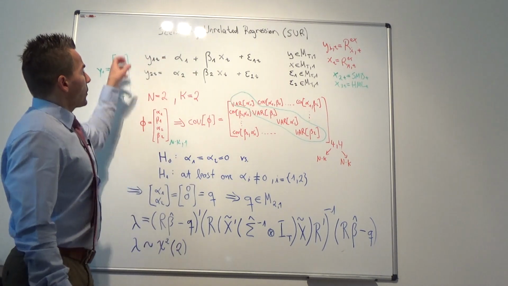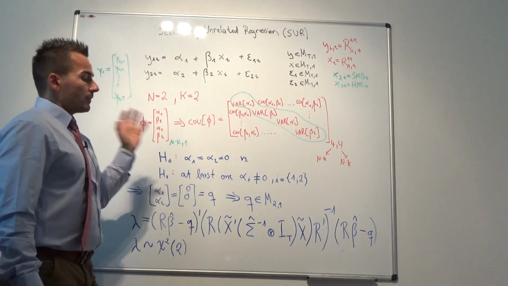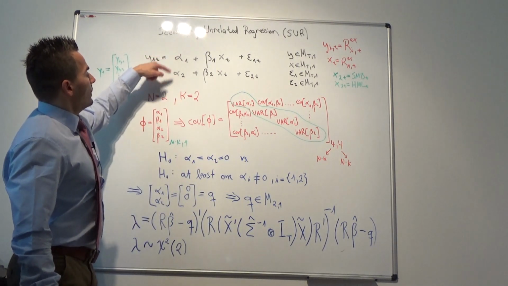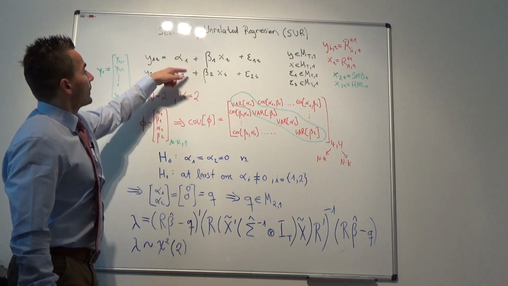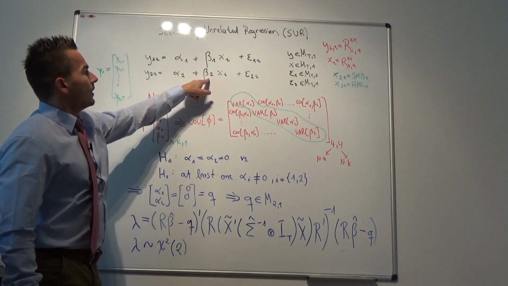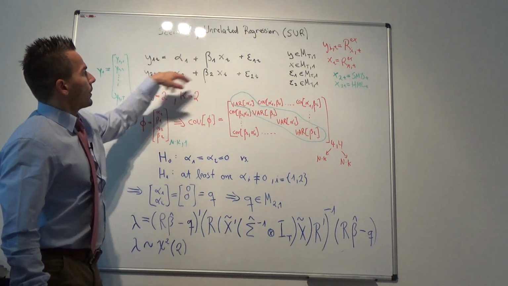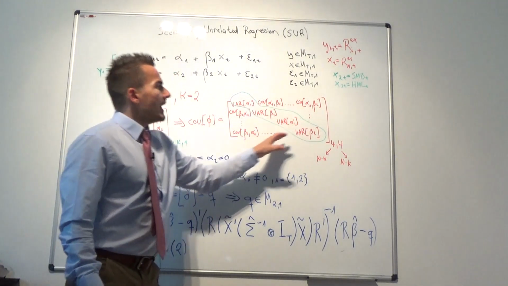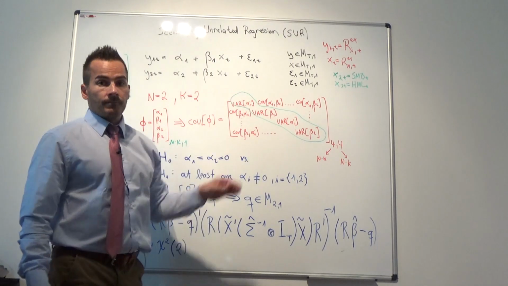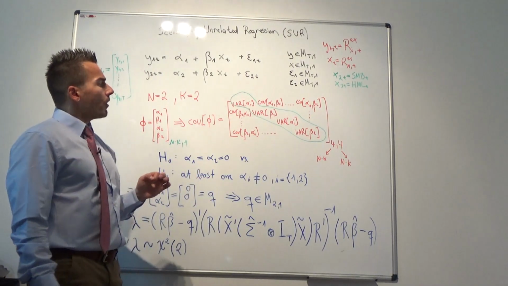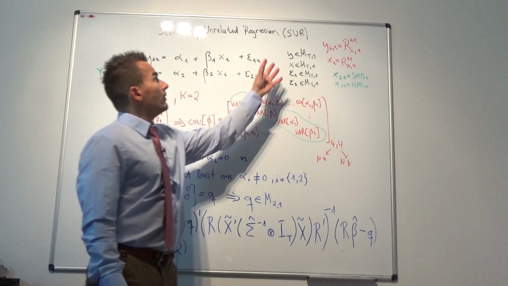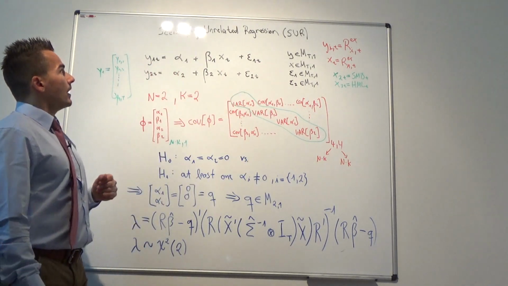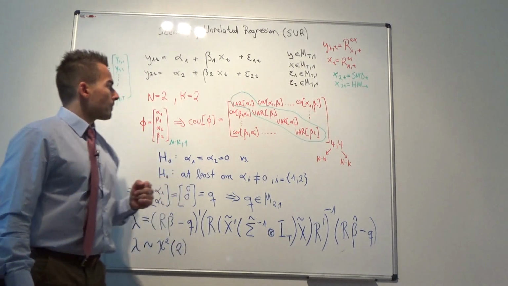But if there's a correlation going on, we can't say that. It's possible that these parameters are correlated between equations, and alpha 1 can also be correlated with beta 2. So we have to account for the correlation structure between the parameters, because they will enter the test statistic. That's the important point, and that's why we need this simultaneous equation model, denoted here as the seemingly unrelated regression technique.